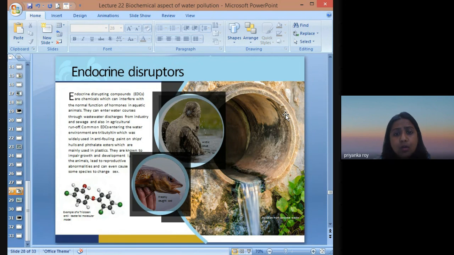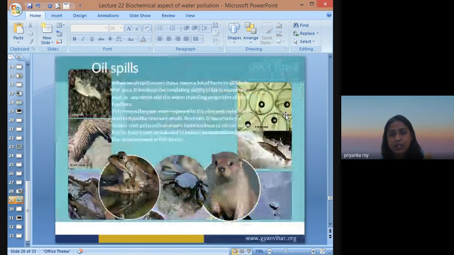They are known to impair growth and development in animals, leading to reproductive abnormalities, and can even cause some species to change their sex, from male to female. So there is a hormonal change altogether.